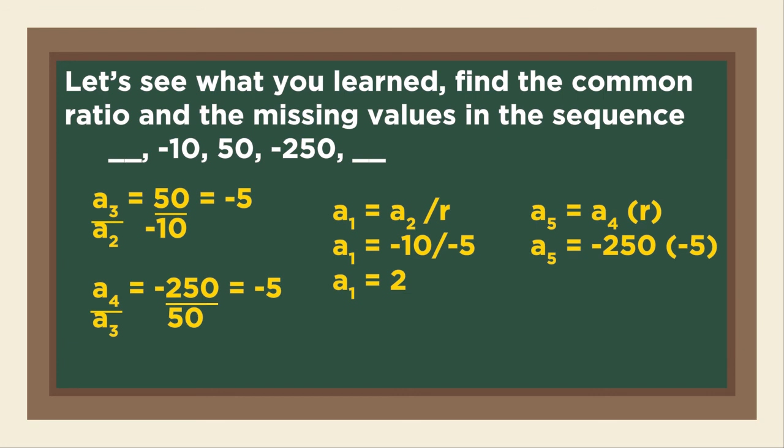Our a sub 5 is equal to 1250. Positive since we are multiplying numbers with like signs. Thus, the fifth term is 1250 and the missing terms are 2 and 1250 respectively.